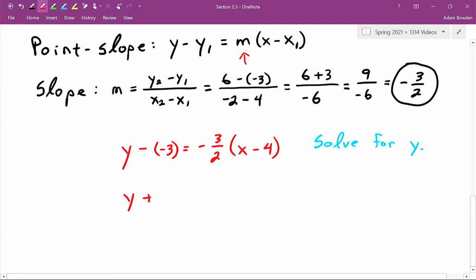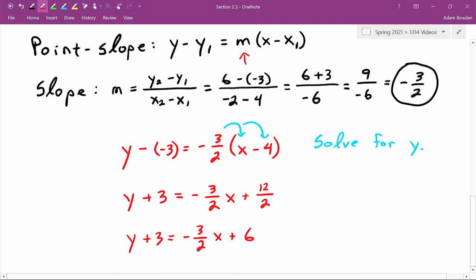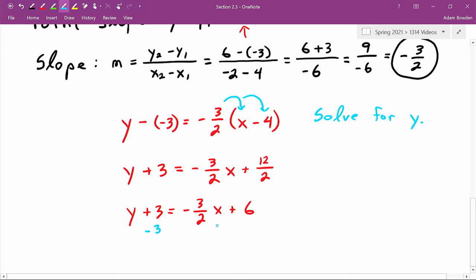Let's change this into y plus 3, and then we can also distribute the fraction -3 over 2, making it -3 over 2x, plus, if I multiply the fraction by the 4, negative 3 over 2 times negative 4 would be positive 12 over 2, or we could reduce that down into just 6. So to solve for y, I'll subtract the 3 over from both sides. The equation of this line solved for y would be y equals negative 3 over 2x plus 3.